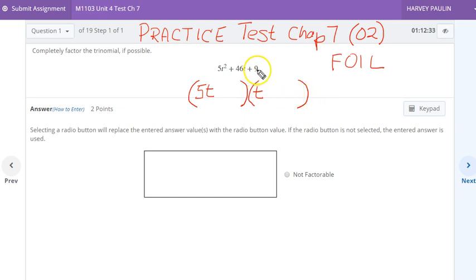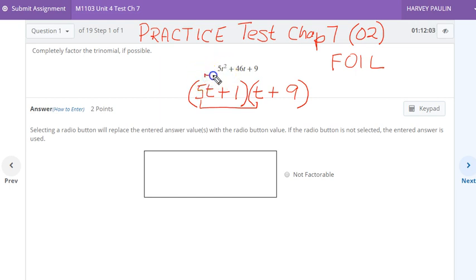Now, 9 for our last term here could be a 9 and a 1. In fact, as I look at it, that's it. There'll be a 9 here and a 1 there. Now, it's all plus, so the signs are all plus. And when we FOIL, this gives us 5t squared.